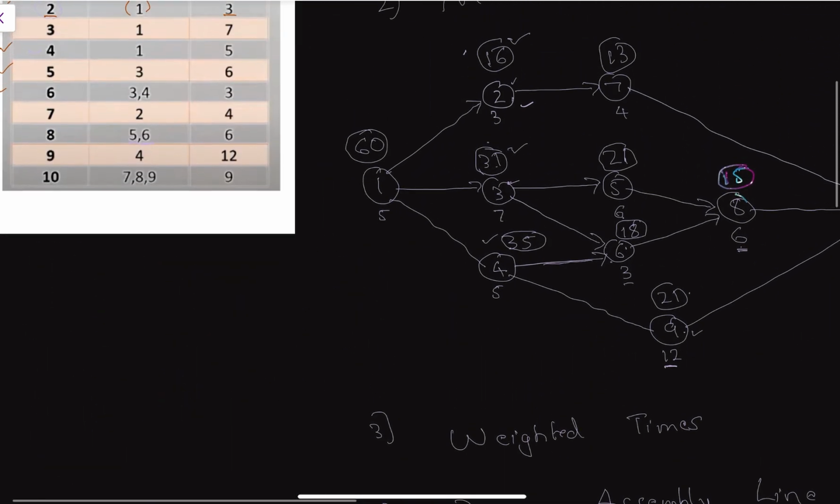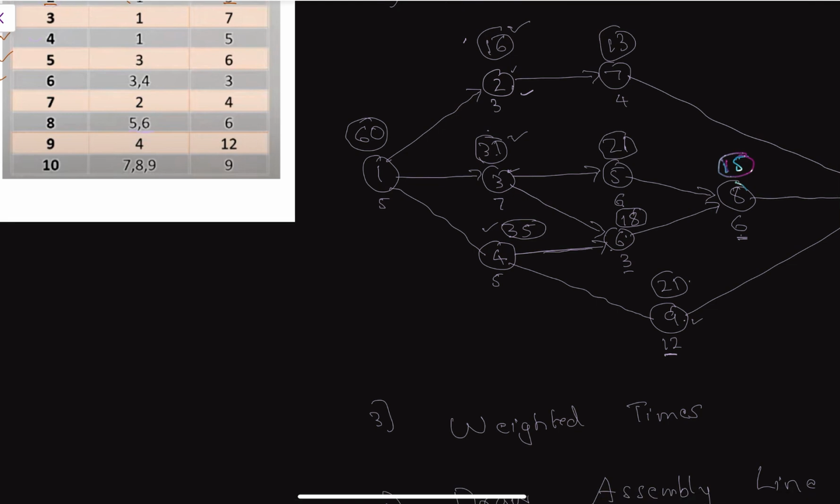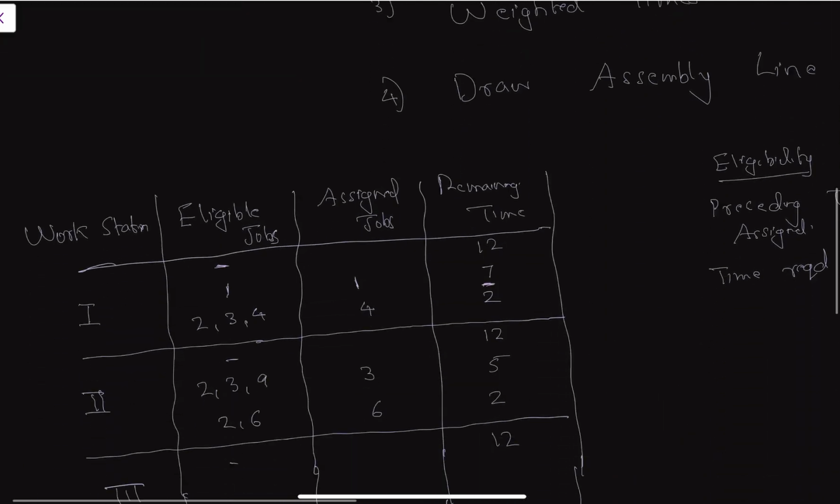The eligible jobs are: 2 is still eligible, it is not completed, and we have assigned 6, 3, 1, 4, etc. These are all completed.